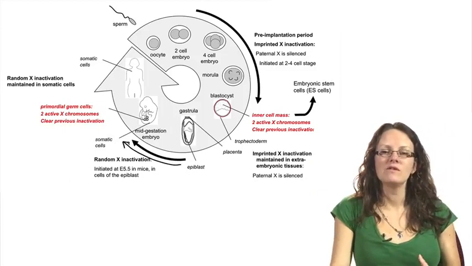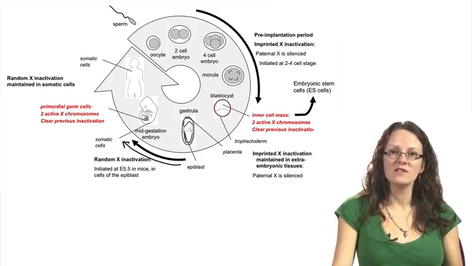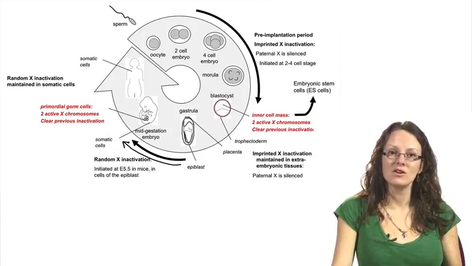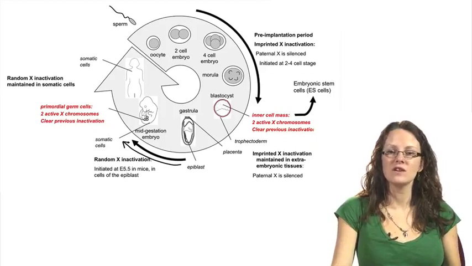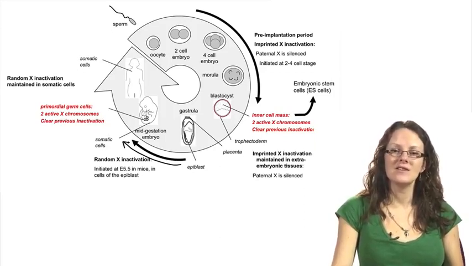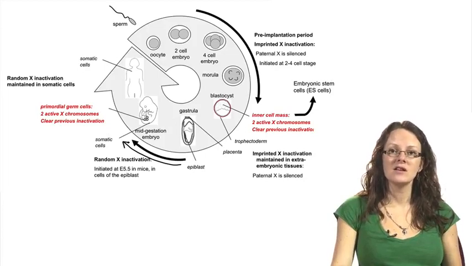And so much of what we've learnt about X inactivation, at least in the mouse, has come from studies of embryonic stem cells that have been derived and differentiating them in culture. And so over the subsequent lectures, as we go through each of the different mechanisms involved in X inactivation and the stages of X inactivation, much of what we've learnt has been coming from those embryonic stem cells, with a smaller number of studies that are actually done in embryos that are freshly taken.